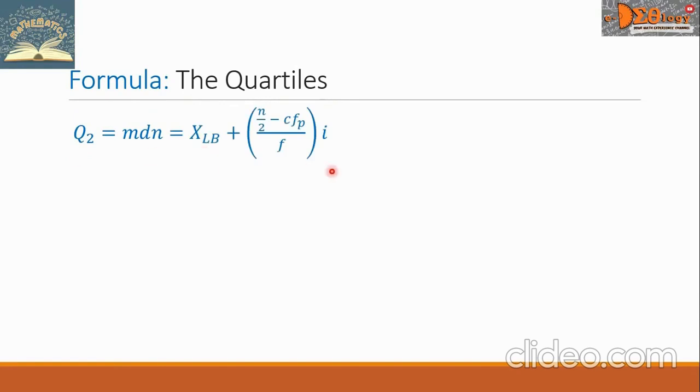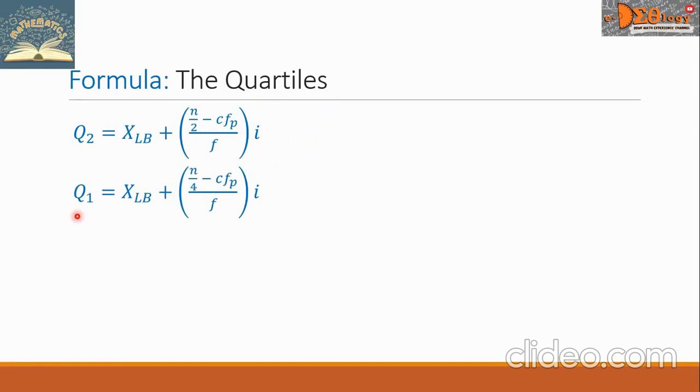This is the formula: x sub LB plus n over 2. This quantity here represents 50% of the distribution, minus CF sub P, all over F times the quantity I.